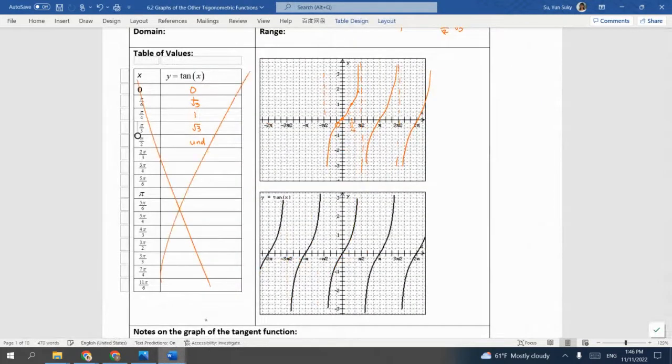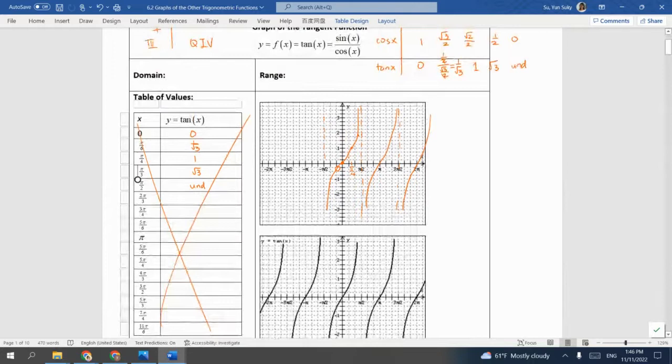So you don't need to look at this big table. Just look at those 5 key points. And also, let's look at the picture for the domain. Do you see there are a lot of vertical asymptotes? So x cannot be those asymptotes. Therefore, your domain is x not equal to pi over 2 plus n times pi.